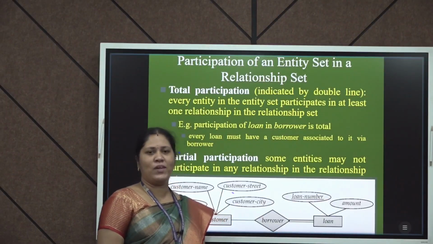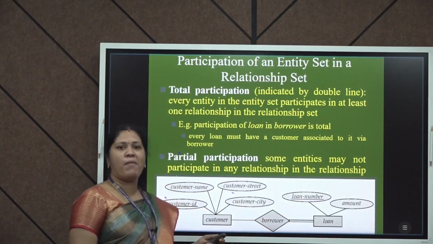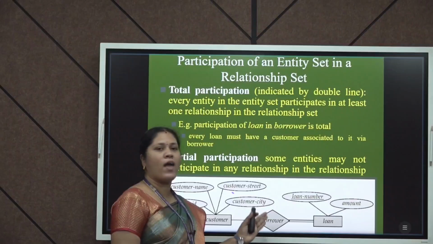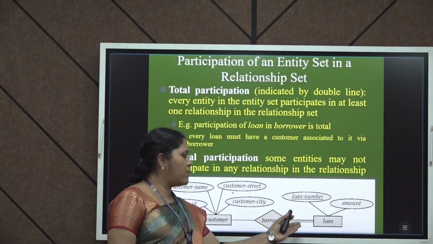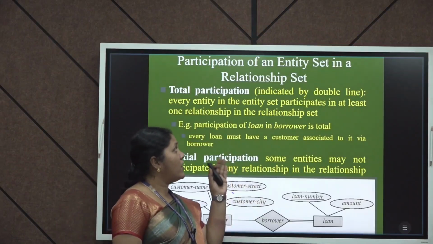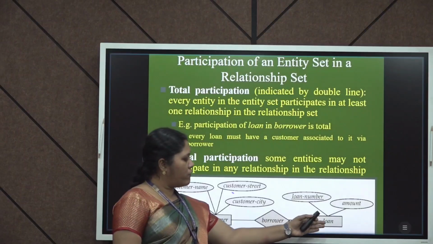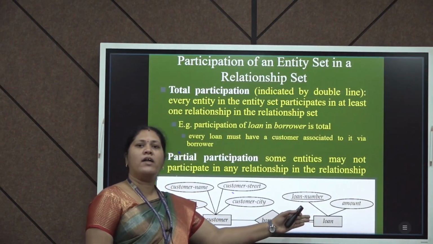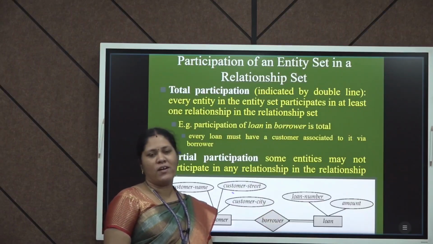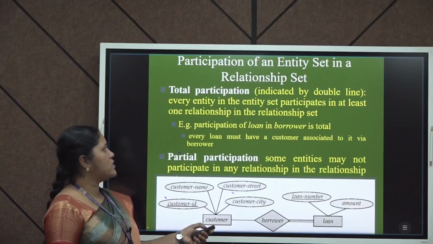Without a customer, a loan cannot be availed. So this is an example of total participation. Total participation is an entity participating wholly in a relationship. For example, the entity loan will be associated with a customer via a borrower, and without a customer, a loan cannot be availed.